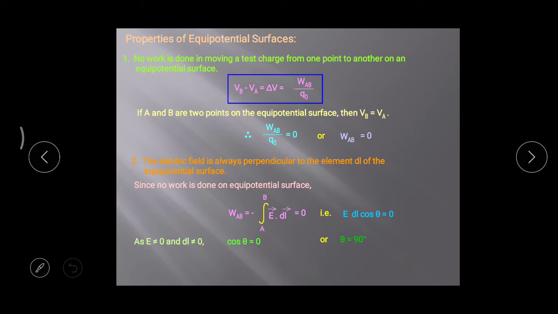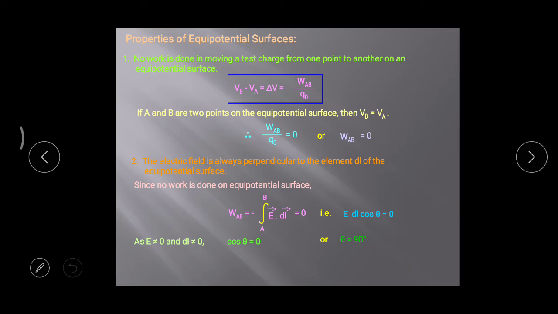The second property is that the electric field is always perpendicular to the direction of equipotential surfaces, and this we denote in the figures also, where in case of a uniform electric field these are the planes perpendicular to the direction of electric field.